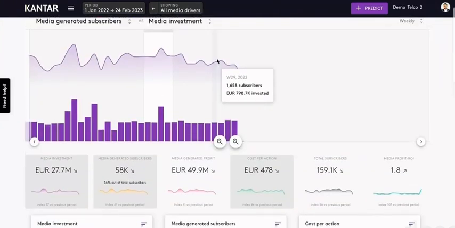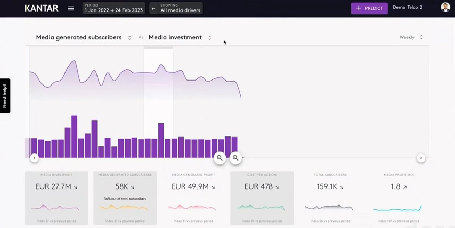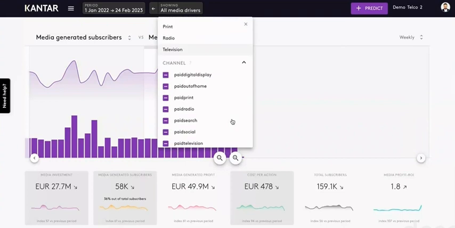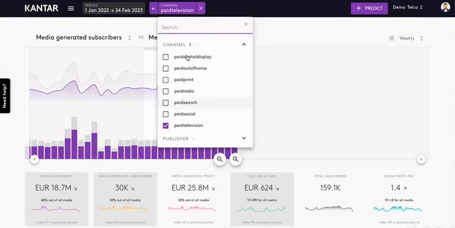What could be even more interesting is to drill down on a specific publisher with a specific KPI in a temporal overview. You can do so by selecting some different choices up here. Instead of having all media, we could select a specific TV channel and see how the individual TV channel has performed.